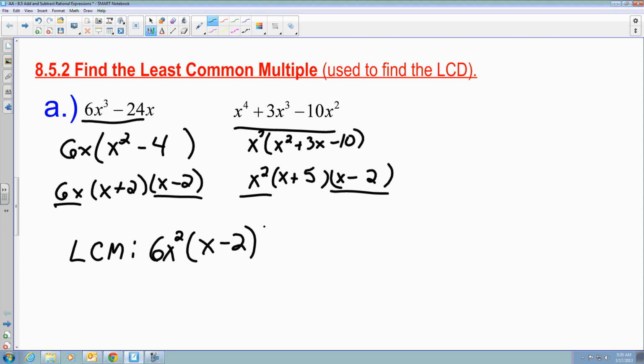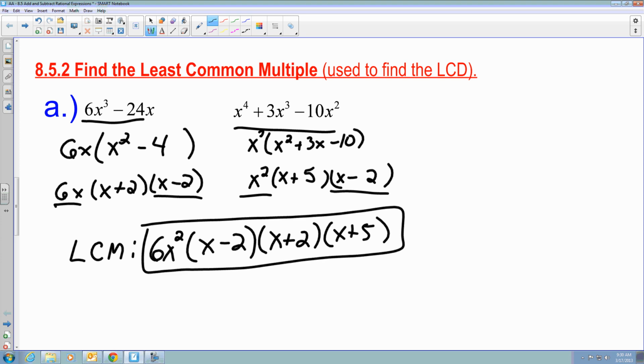And I'll have an x plus 2 and an x plus 5. So my least common multiple here would be 6x squared times quantity x minus 2 times quantity x plus 2 times quantity x plus 5.